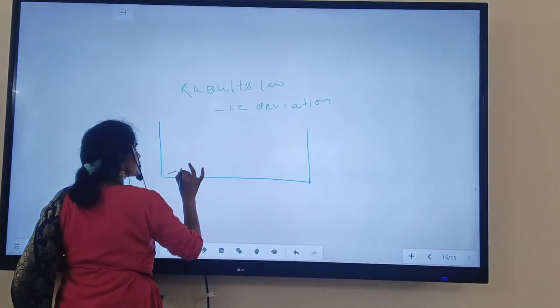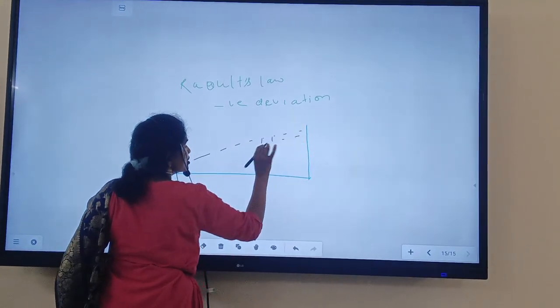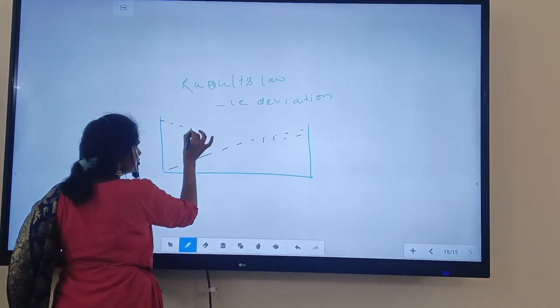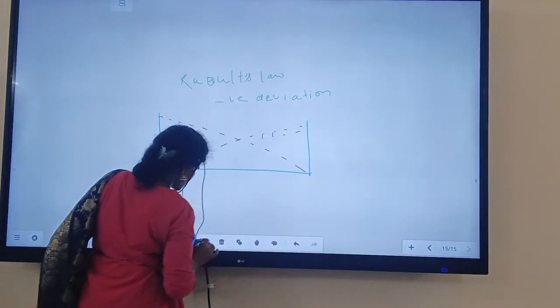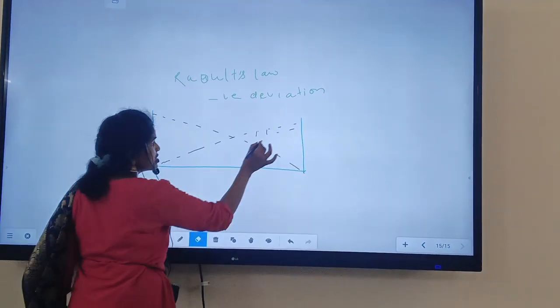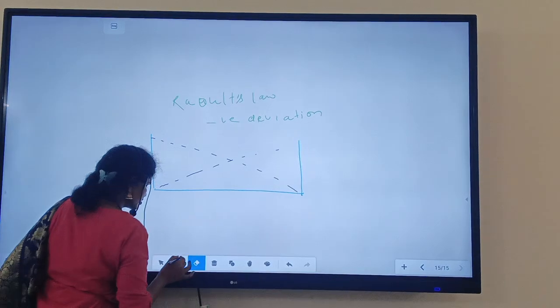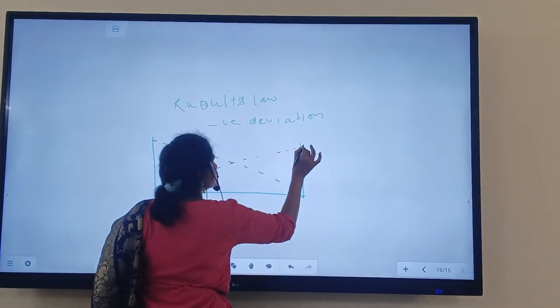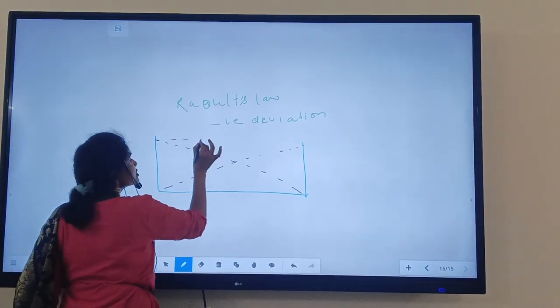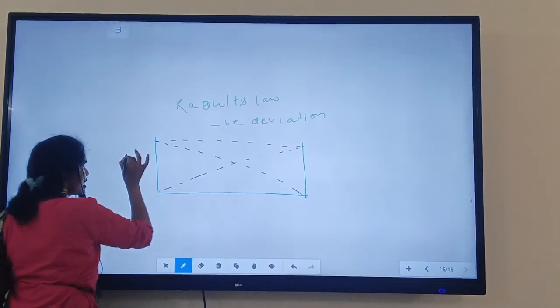First, we draw the normal ideal solution graph. Okay, this is the Raoult's law graph for ideal solution.